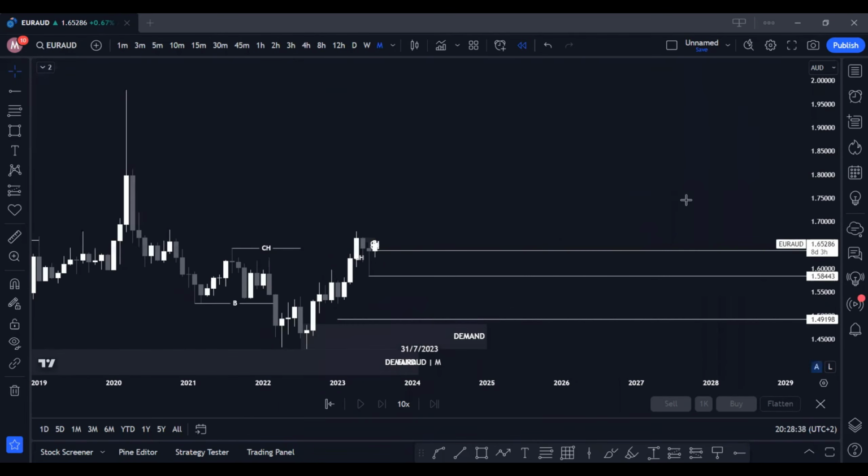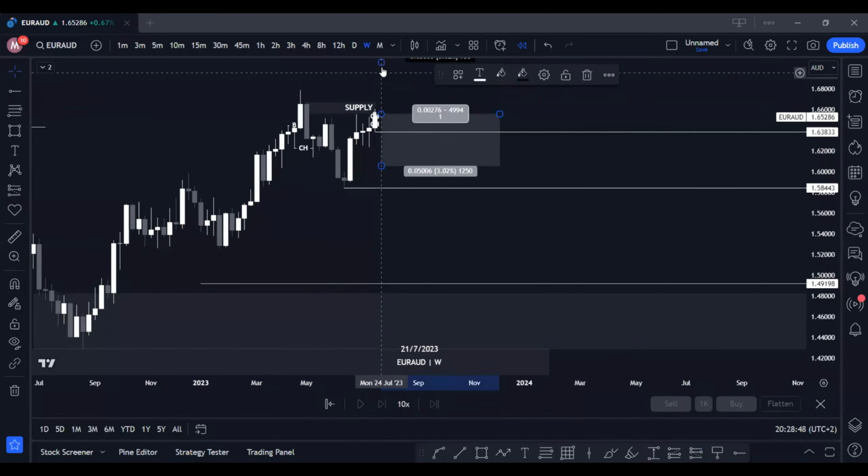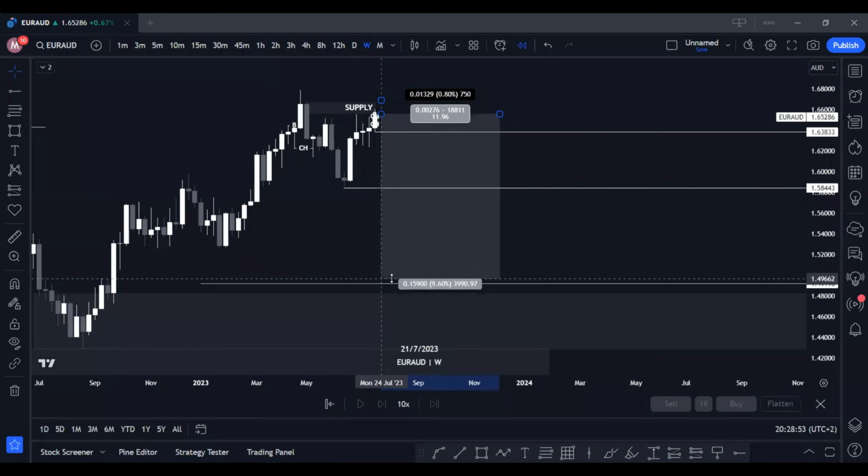And this here could be a, let me just check it for you guys. From this supply zone to your third take profit, this here could be a 11-hour trade.